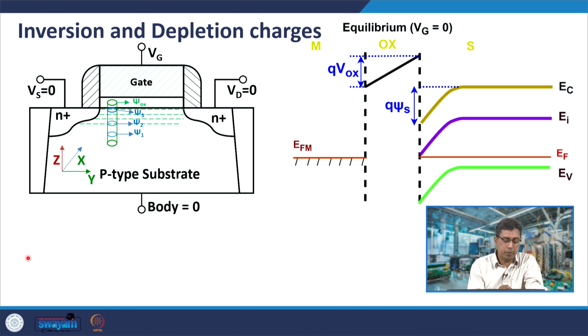So, you can see that the potential here, chi, is within the neutral p region. So, you can say that it is 0.